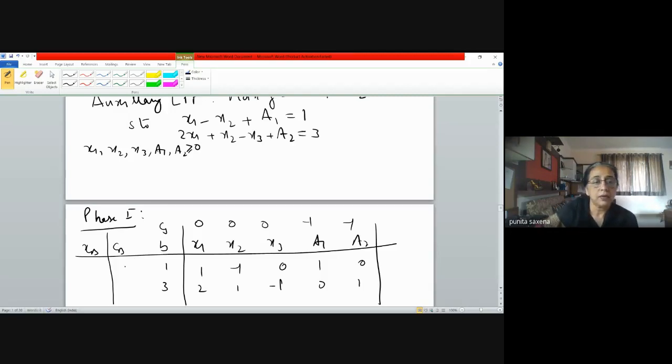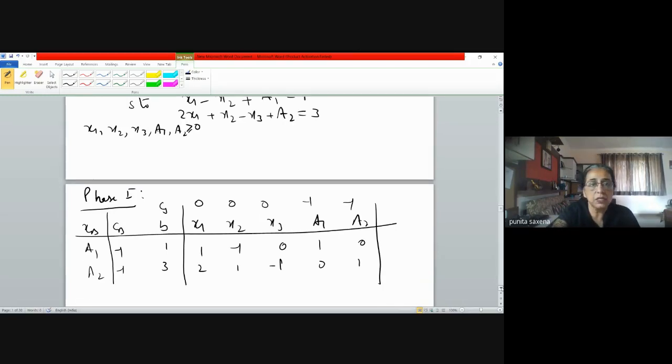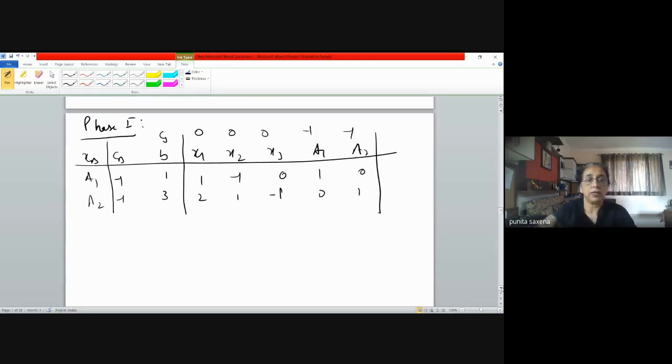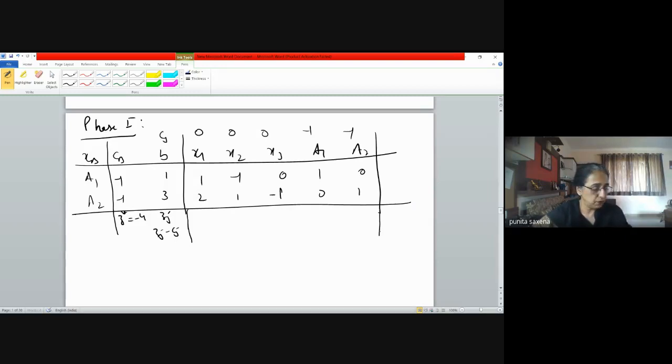And my basic variables are a1, a2 with coefficients minus 1 each. So this becomes the initial table for phase 1. Z star in this case is minus 4. Now quickly compute your Zjs and Zj minus Cjs, if you can.